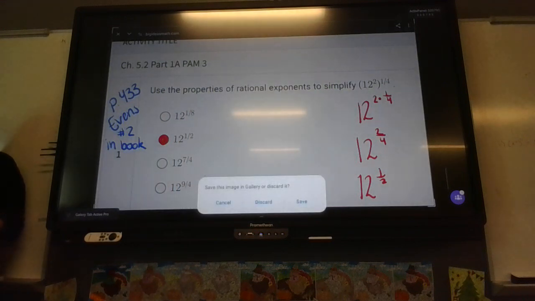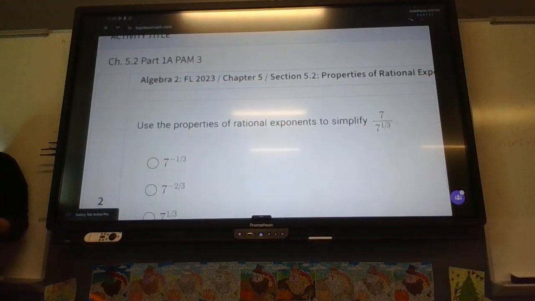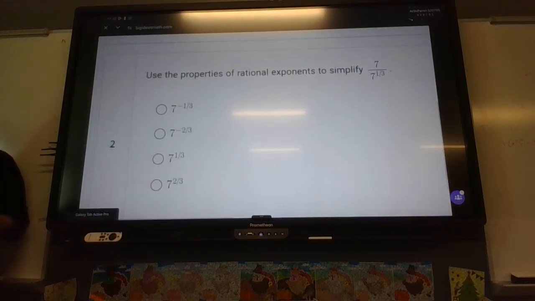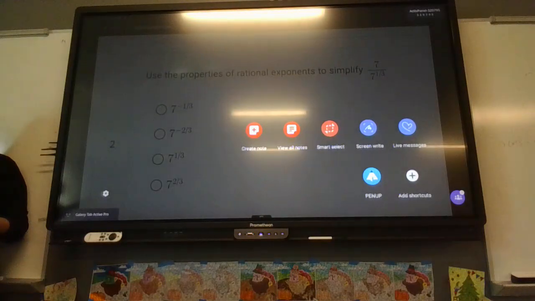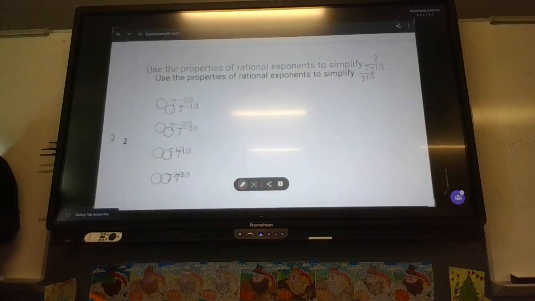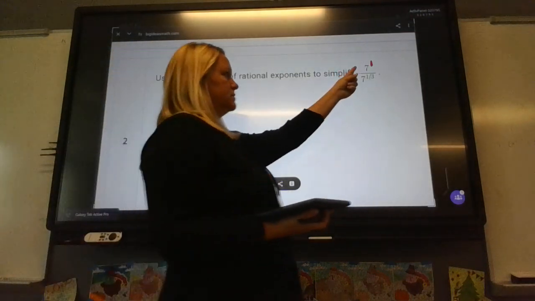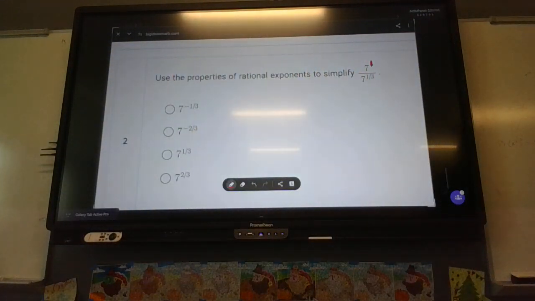Ready for number 2? All right, this is number 4 in your book, number 2 online. I don't like invisible numbers, but they're all over the place, so I'm going to write in that invisible 1. Quotient property, subtract.